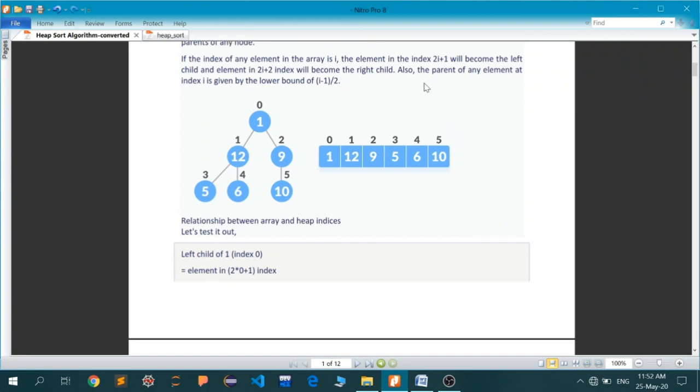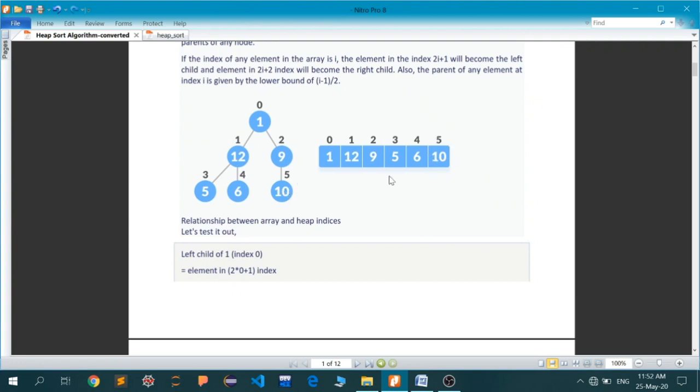So I've shown you here a complete binary tree, and also in array form, which index holds which element. Index 0 is your root node, and index 10 is the last leaf node, the leaf node with the greatest index, that is 5.